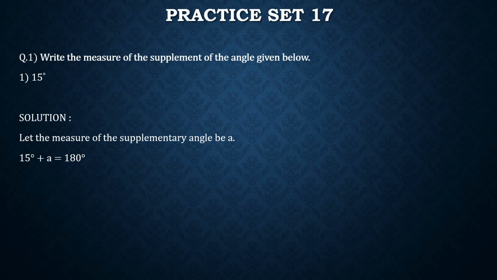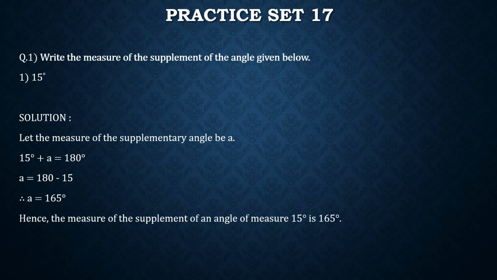We have one supplementary angle as 15 degrees, and we want to find the measure of its other supplementary angle, which we have considered as A. So 15 plus A is equal to 180 degrees. Therefore, A is equal to 180 minus 15, which is equal to 165. So the value of A is equal to 165. Hence, the measure of the supplement of an angle of measure 15 degrees is 165 degrees.